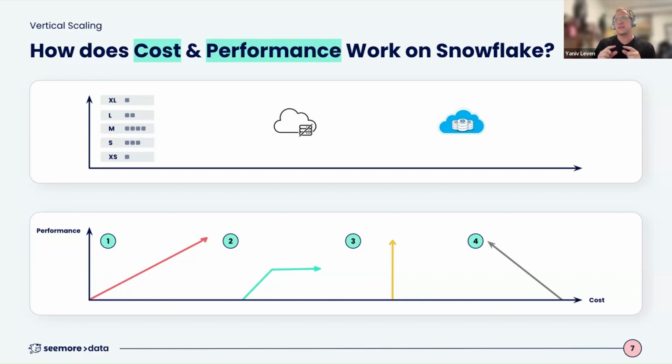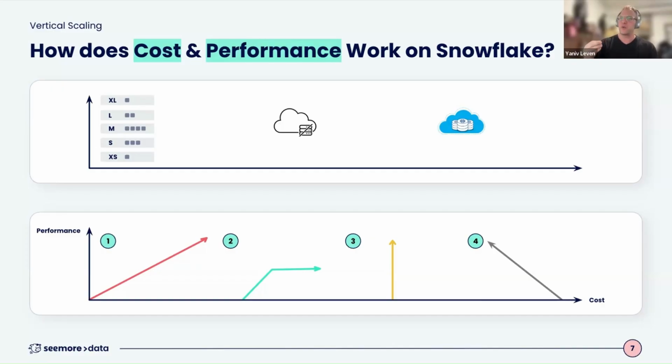And the thing is that not only do different queries behave differently, but the same query can behave differently depending on where it is, meaning depending on the amount of power you give that query.